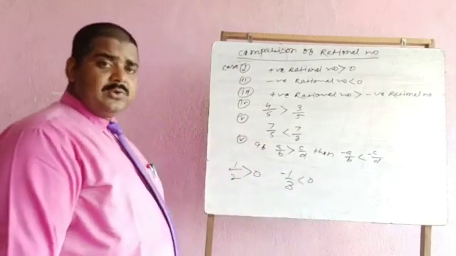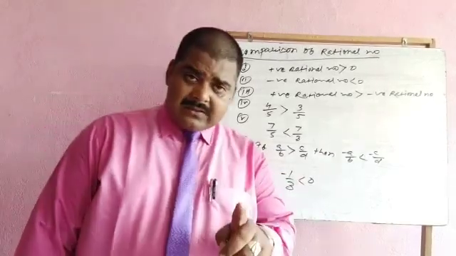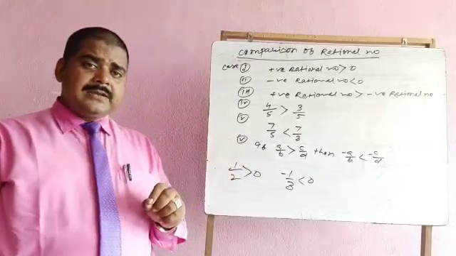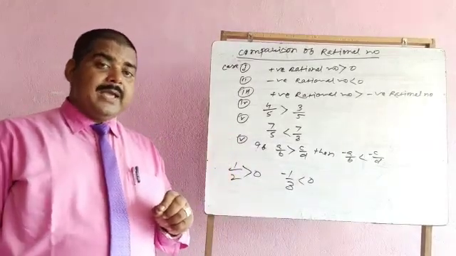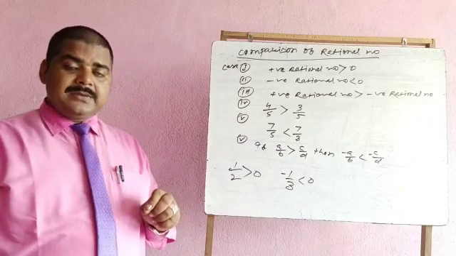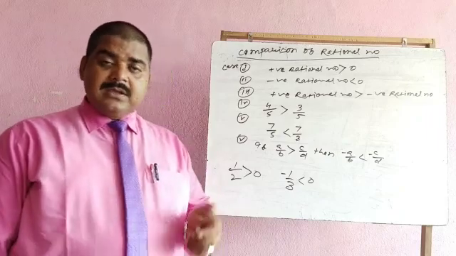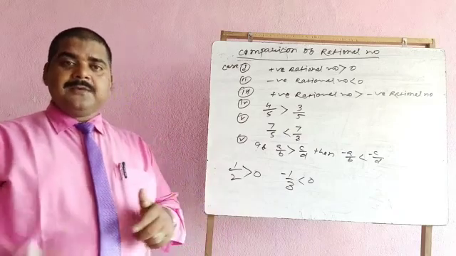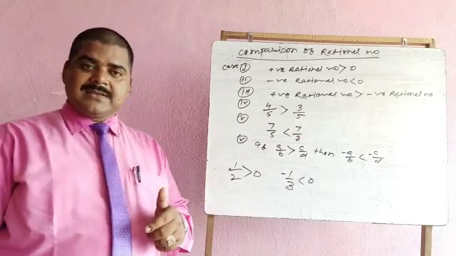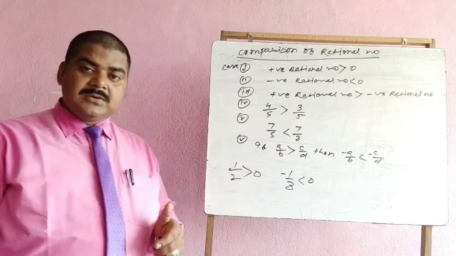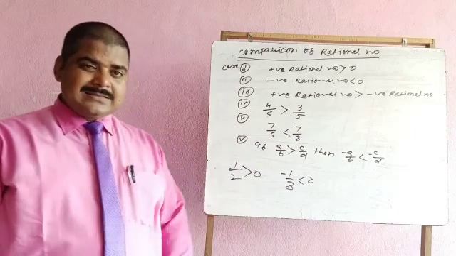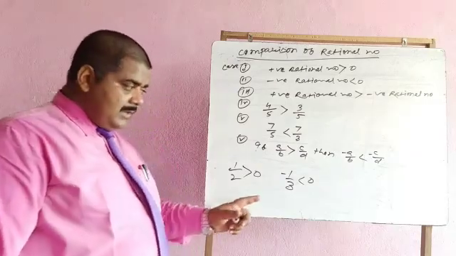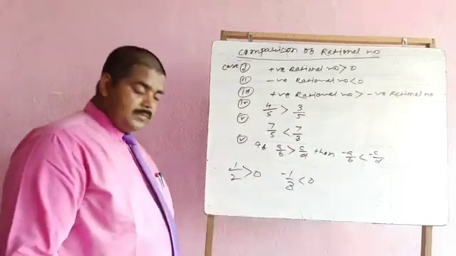And you know very well that negative rationals are those whose numerator and denominator have different signs. If the numerator is negative, then the denominator is positive. If the numerator is positive, then the denominator is negative. If the numerator and denominator have different signs, it is known as a negative rational, and all negative rationals must be less than 0.